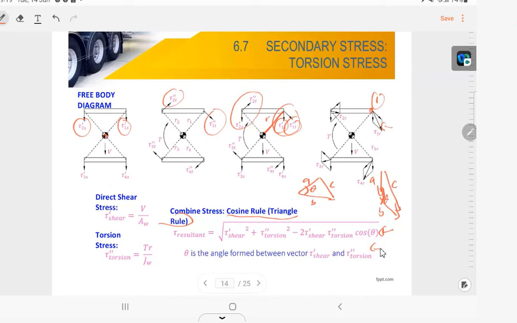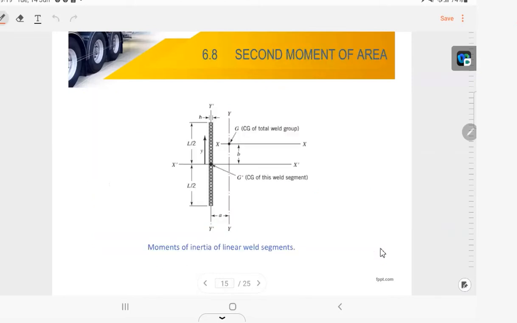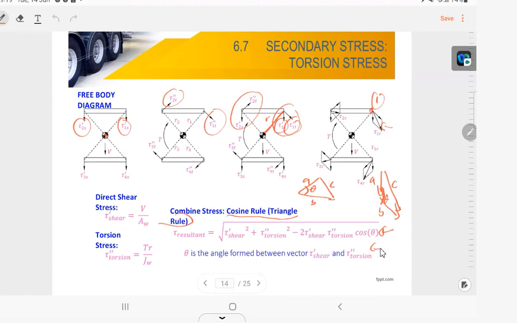Okay. Once you get the resultant force at each point, you just need to compare which point has the highest force. Okay, highest shear force.